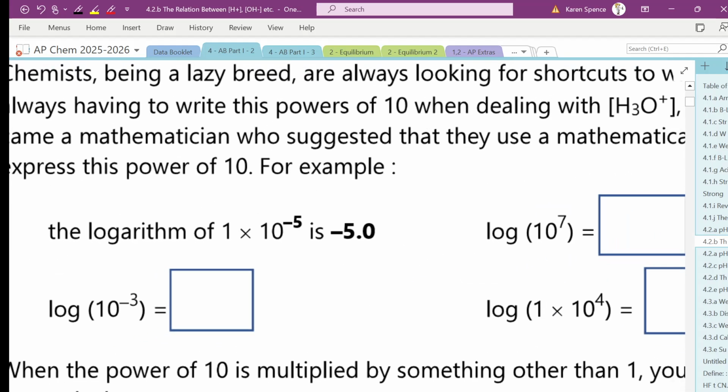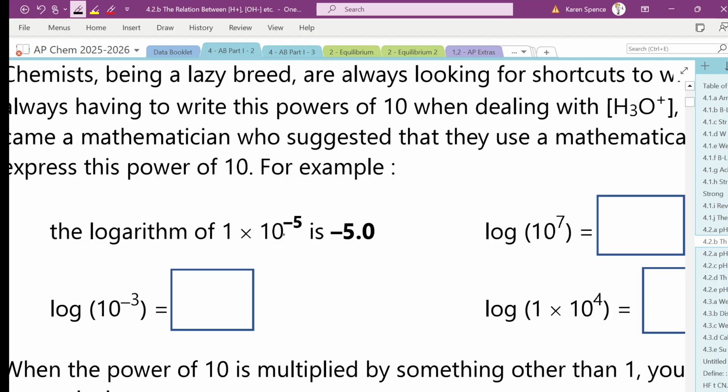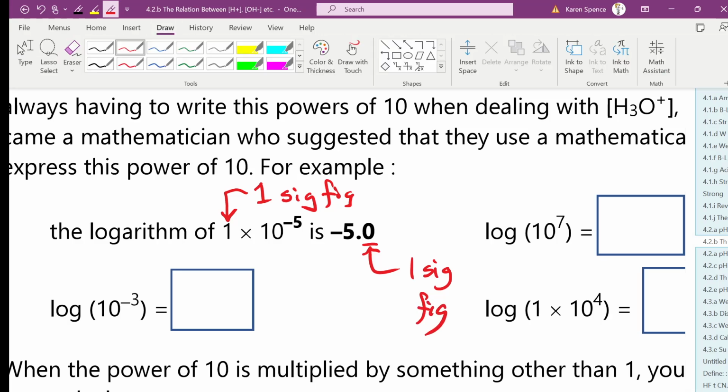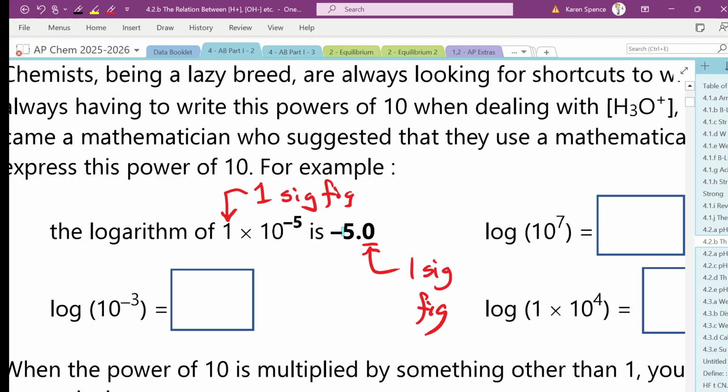The logarithm of 1 times 10 to the negative 5 is 5.0. Now, 1 sig fig. And now you're going to hate me. 1 sig fig. What? Since when? Where did this negative 5 come from?